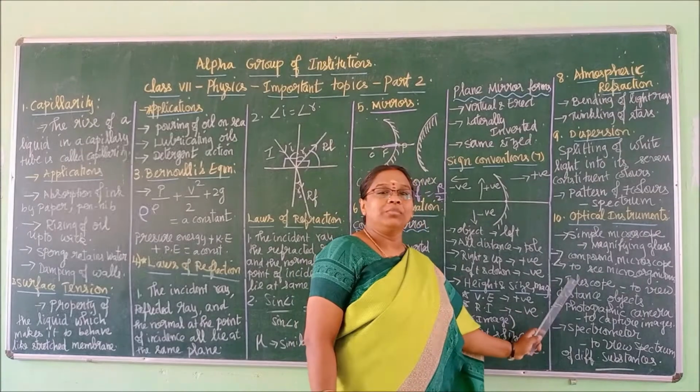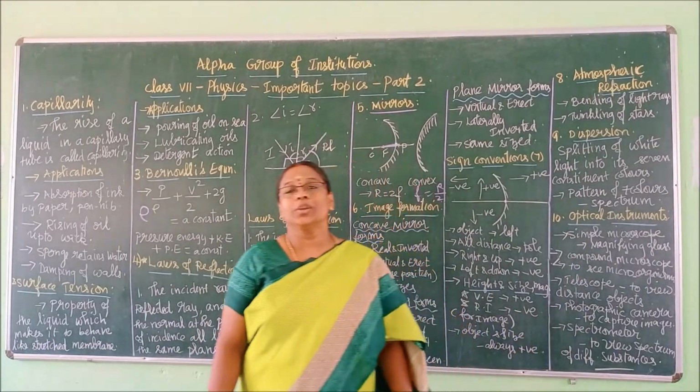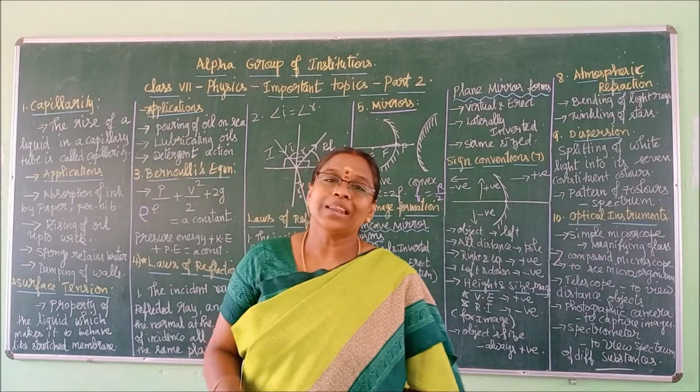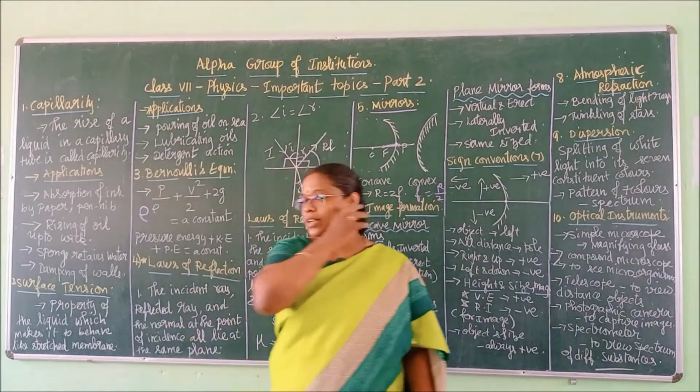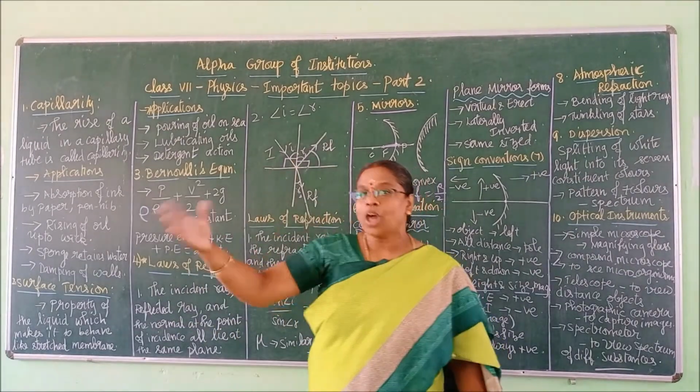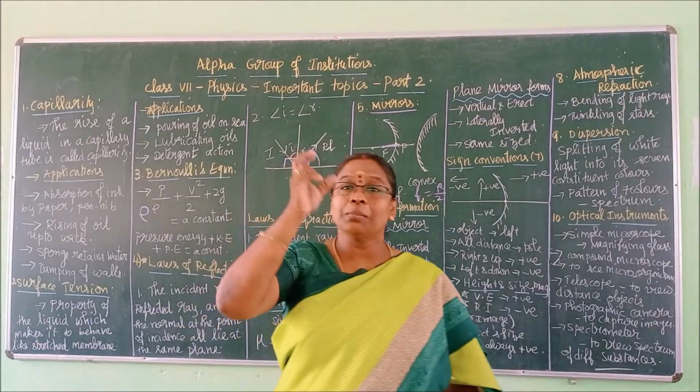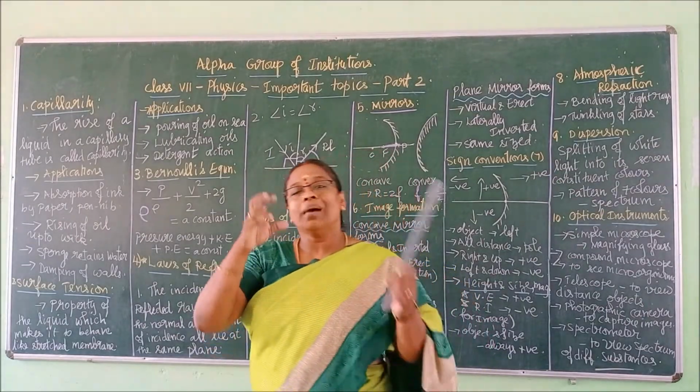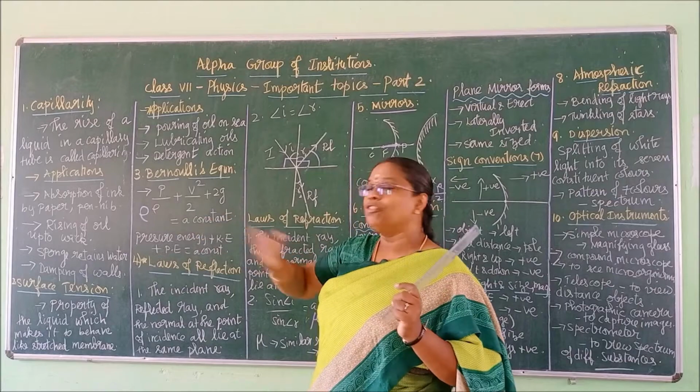Now, apart from that, we have another optical instrument called the telescope. We use a telescope to see distant objects. Normally we have binoculars. Do you remember, children? Binoculars we can use in our daily life to see distant objects.